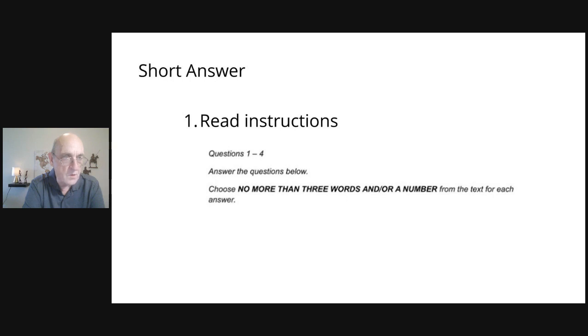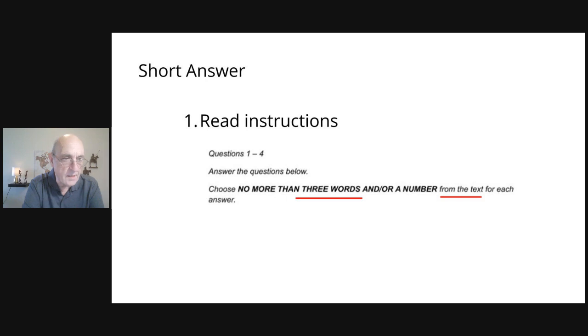If you always want to be very clear that you're accomplishing the task that's required, be sure to read the instructions carefully and mark them so that you always have in the top of your mind exactly the task that you are trying to achieve.